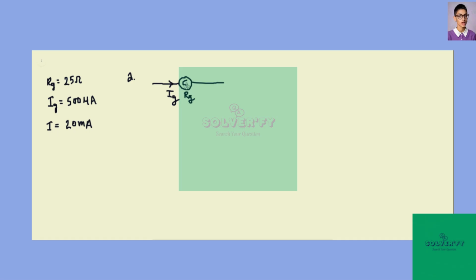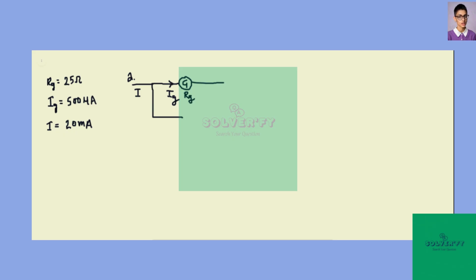The galvanometer can read a maximum of Ig, so we have to divert the current, some part of the current should be diverted. So we cannot send this whole I through the galvanometer, we need to divert this current.